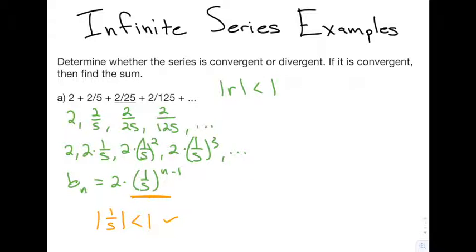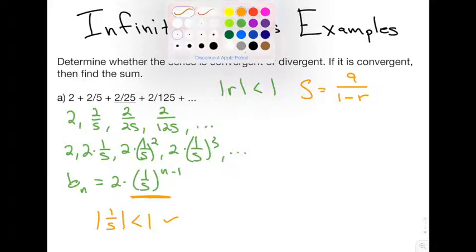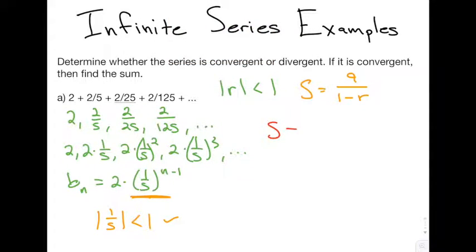So now recall the formula for an infinite geometric series with the absolute value of the common ratio less than 1. That's S equals A over 1 minus R. Now we'll take our information and plug it in here. So S equals our first term, 2, over 1 minus 1/5.